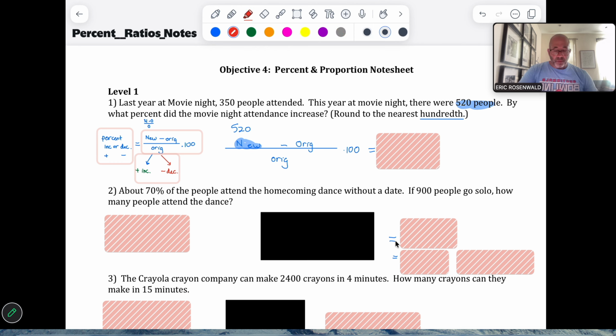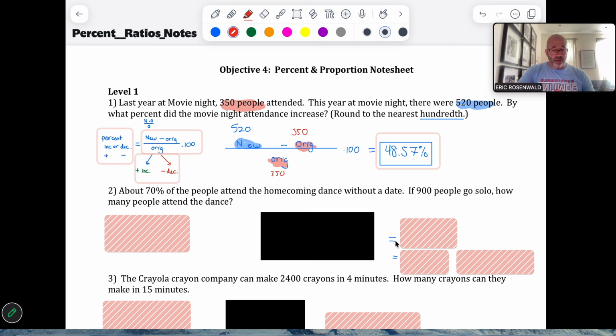The original amount, when we look at it, is what we had a long time ago before. Well, we had before 350, and that's going to be the same for the original amount here. So let's go ahead and fill in the 350 for this and the 350 for this. And what we end up with is 520 minus 350 divided by 350. Take that and multiply it by 100, and we get 48.57%. Now it says round to the nearest hundredth.